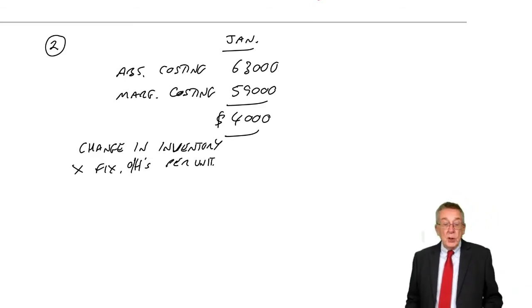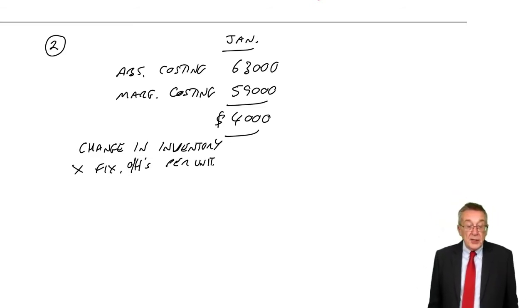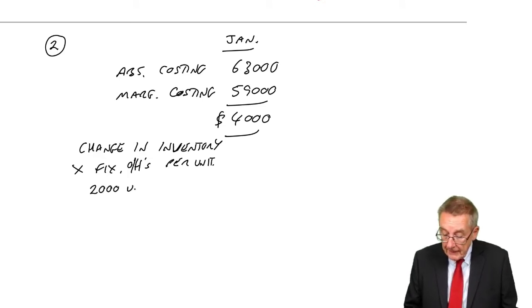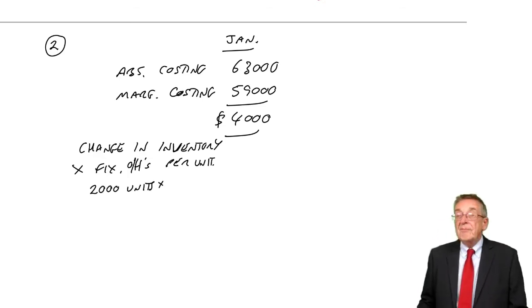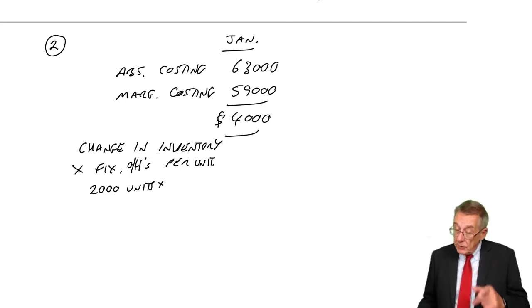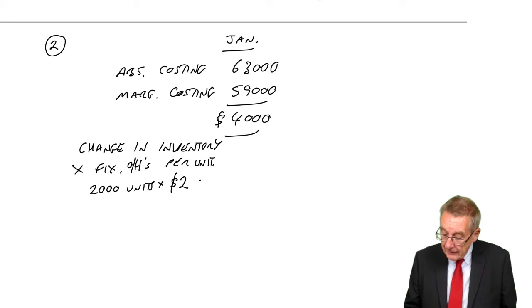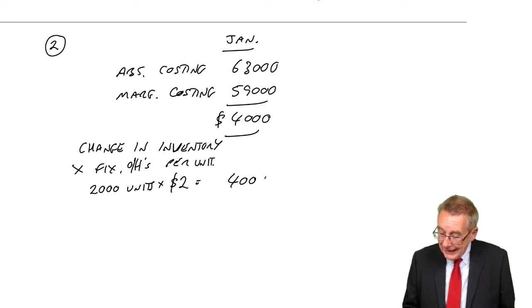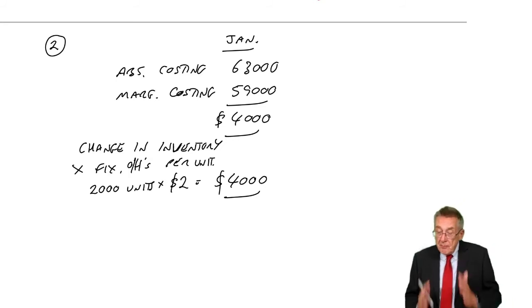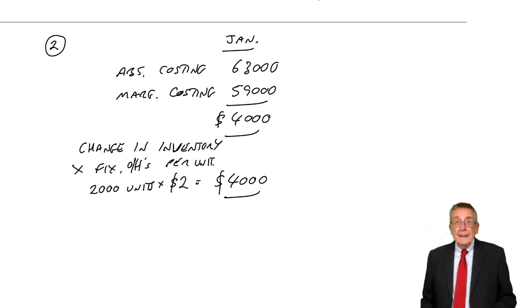What was the change in January? At the beginning of the month, there was no inventory. At the end of the month, there was 2,000 units. What were the fixed overheads per unit in absorption costing? They were $2. That is the difference in profits, and you must learn that.